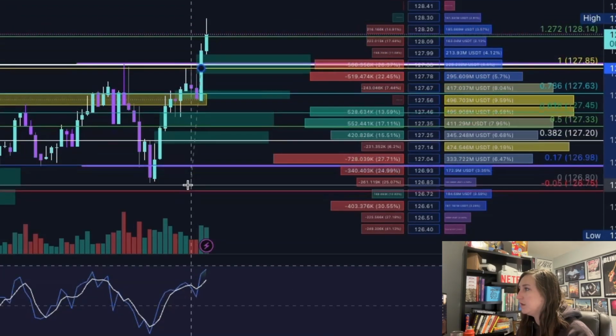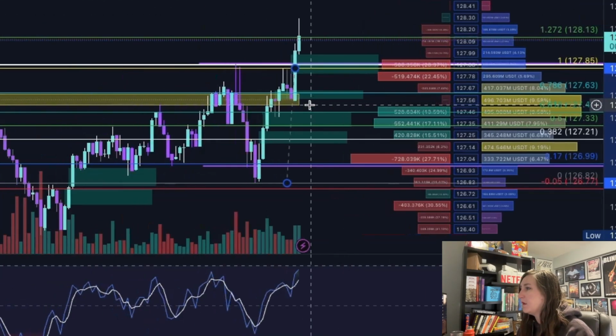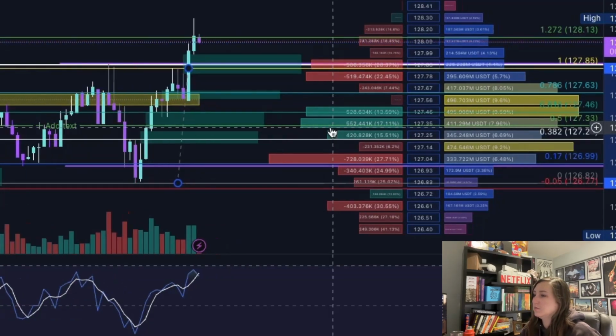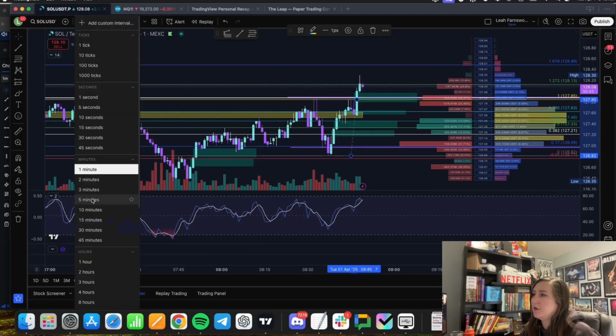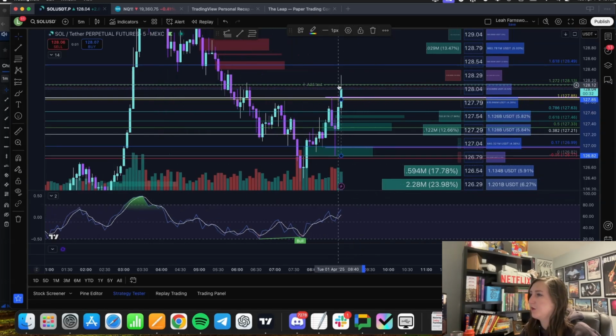We could be hitting that 128.49 because we do have good bullish momentum. See if it breaks this fair value gap or not. But on the 5-minute, let's see, we haven't quite hit a highlight yet on our RSI like we have here. That's a big highlight. A little bit risky, but you could have went ahead and just took profits right here at that 1.272 and called it a day.